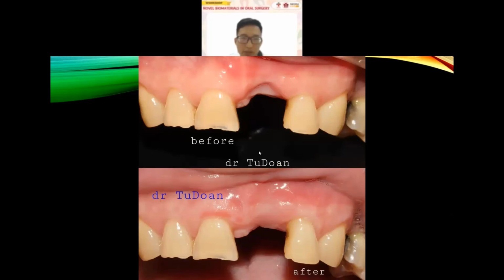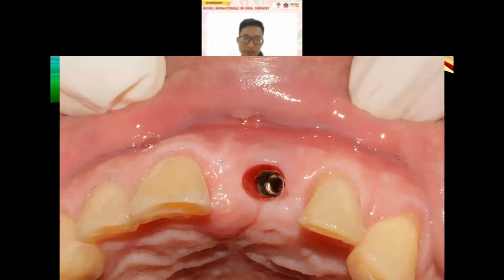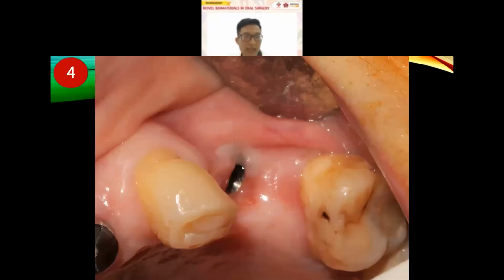It's a very nice picture, and the patient is very satisfied with the result, and the site is ready to receive the final prosthetic.